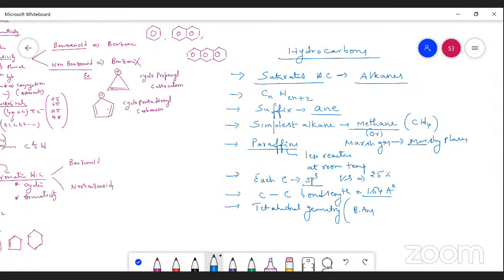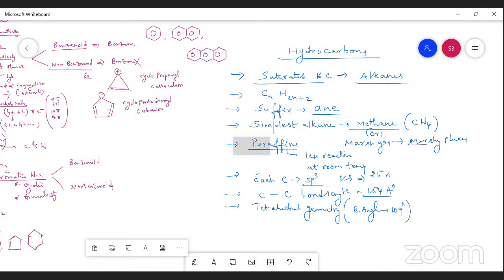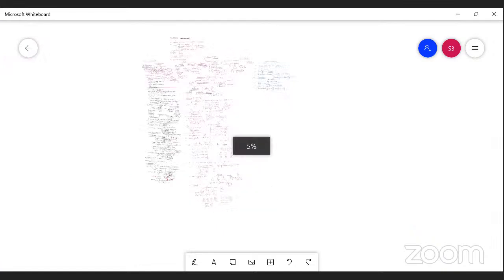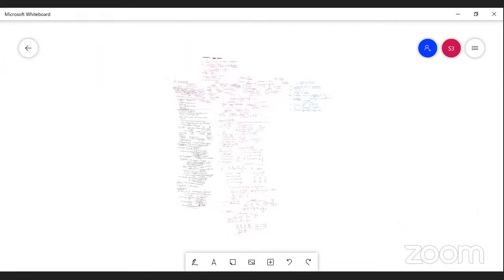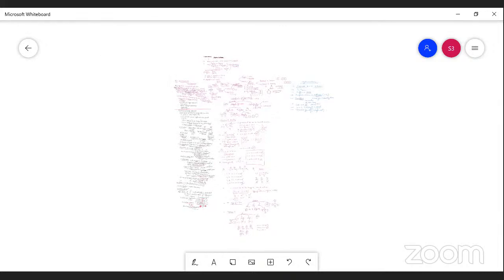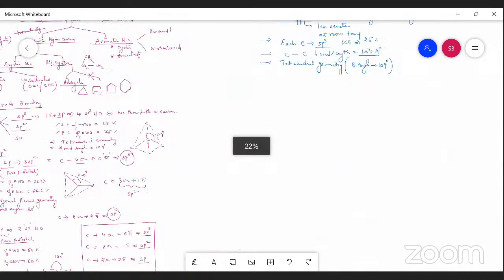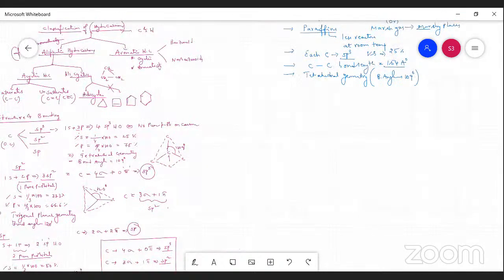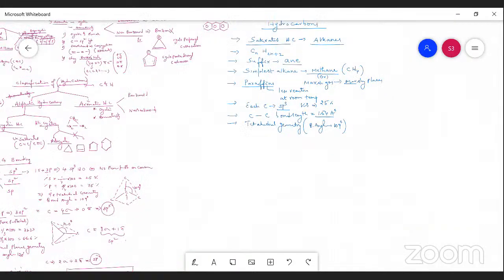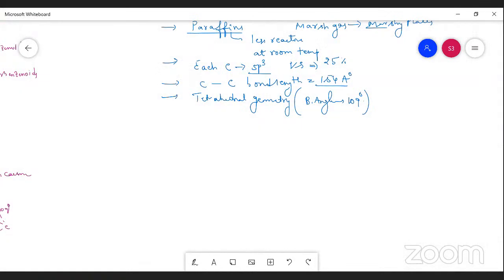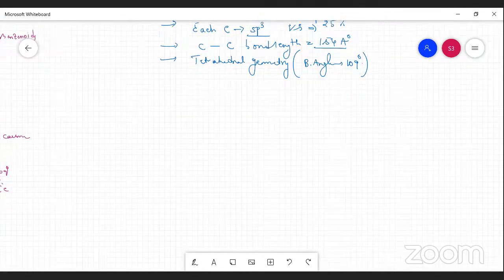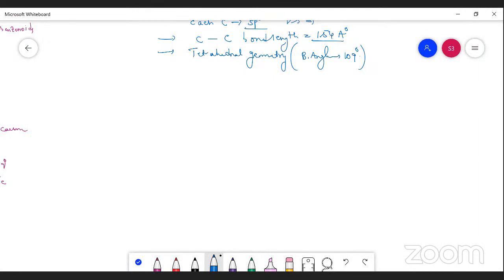The bond angle is 109 degrees. So that is a general introduction about the hydrocarbons.